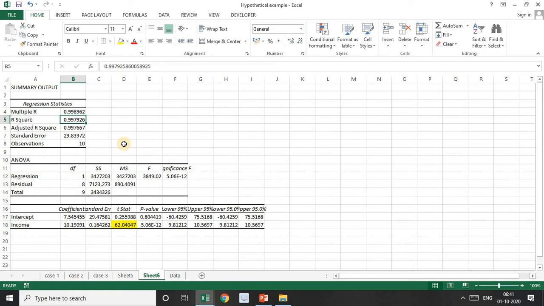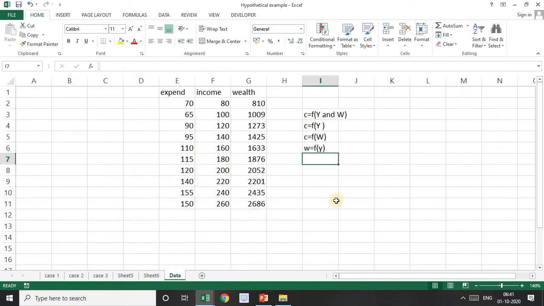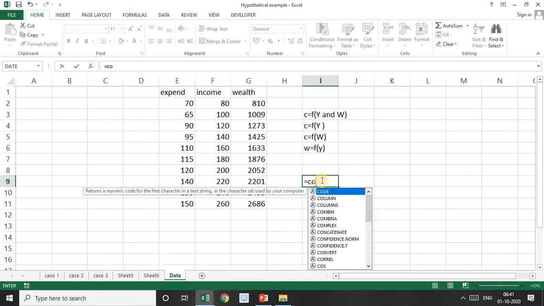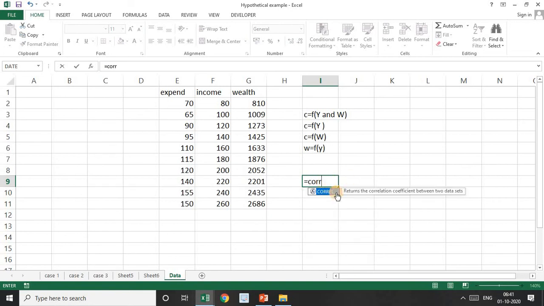Changes in wealth are explained by income and changes in income are explained by wealth. It means that these two variables are highly collinear or highly correlated. Then if you look at the correlation between these two, how can we find it? The correlation is equal to CORR, with the first and the second.